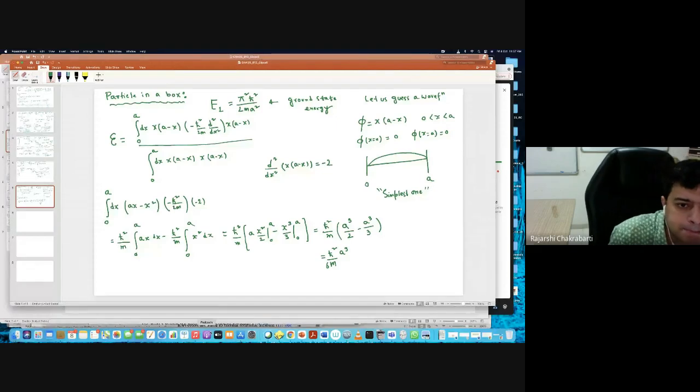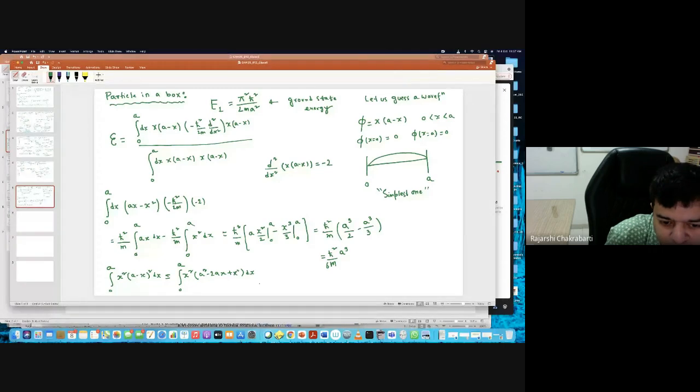Is this fine? What about the denominator? It is 0 to a. Actually, what you have here is x square into a minus x whole square dx, which will have many terms. The first term is going to be 0 to a, a square x square minus 2a x cube plus x to the power 4 dx.